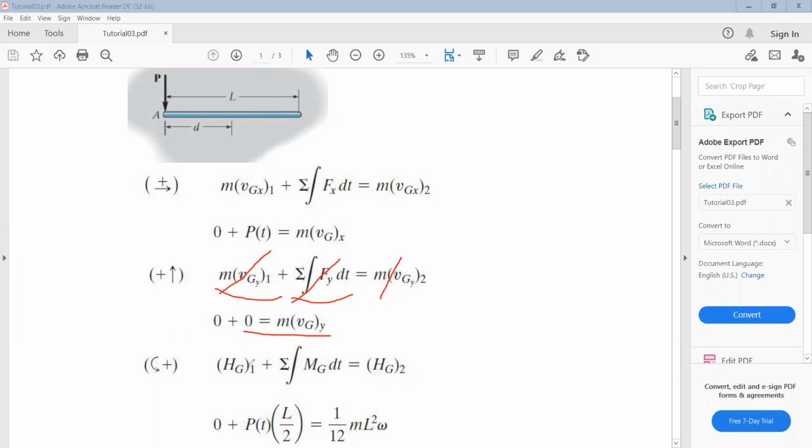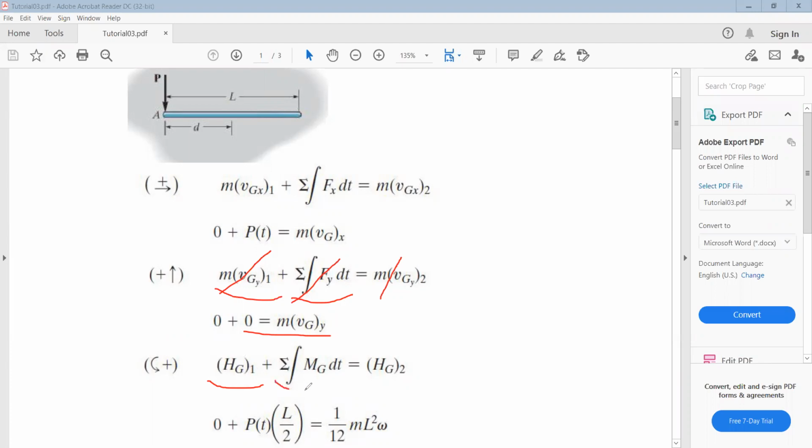And finally, we can write the angular impulse momentum equation. HG1 is the initial angular momentum, which is equal to 0 because, again, it's initially at rest.